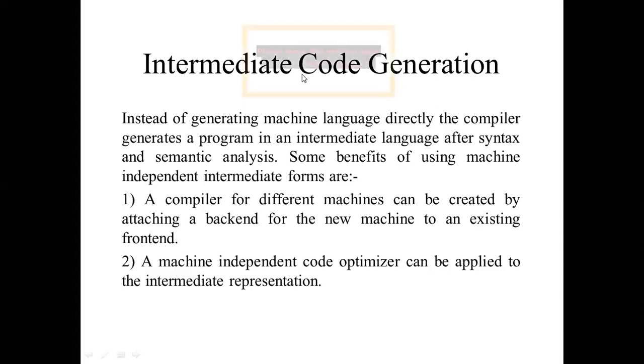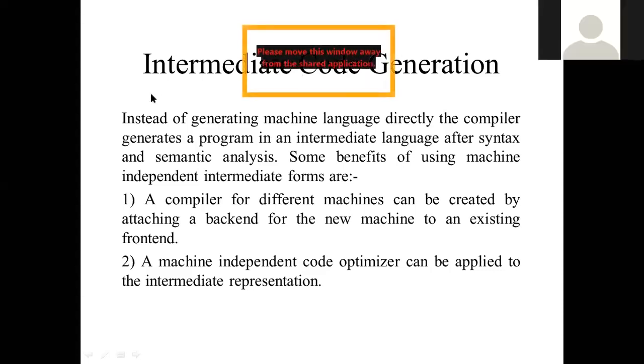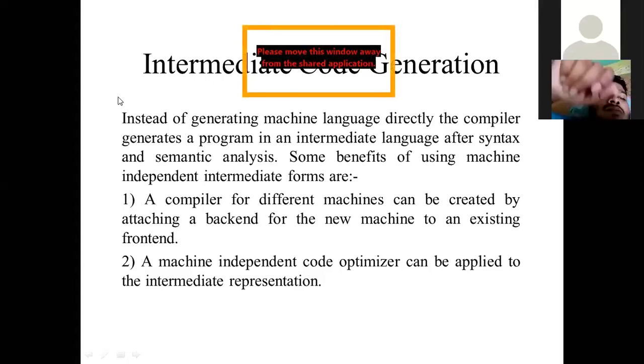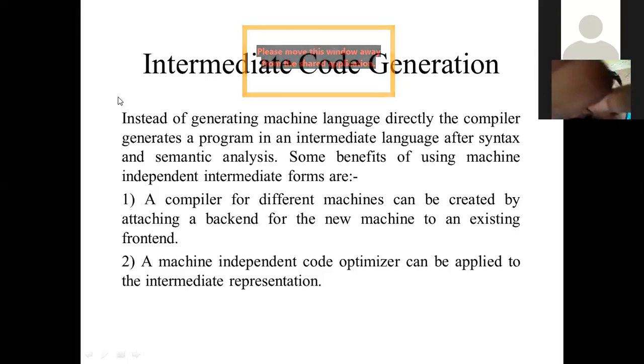So what is intermediate code generation? It is a continuation of the preceding lectures. In this case, we are not going to convert high-level language directly into machine language, but we generate an intermediate code, so that at the end our program gets converted into the low-level language.